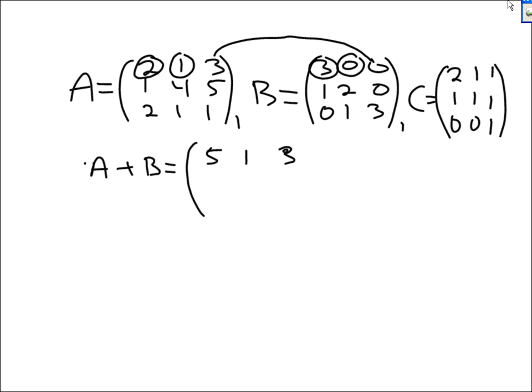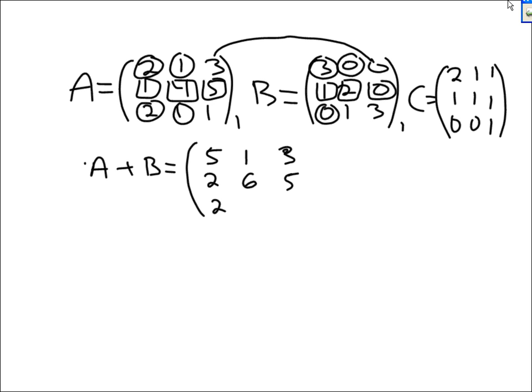That's the last column in the first row. So now you go into the next row. The 2, 1 positions: 1 plus 1 is 2. The 2, 2 positions: 4 plus 2 is 6. 5 plus 0 is 5. 2 plus 0 is 2. 1 plus 1 is 2.